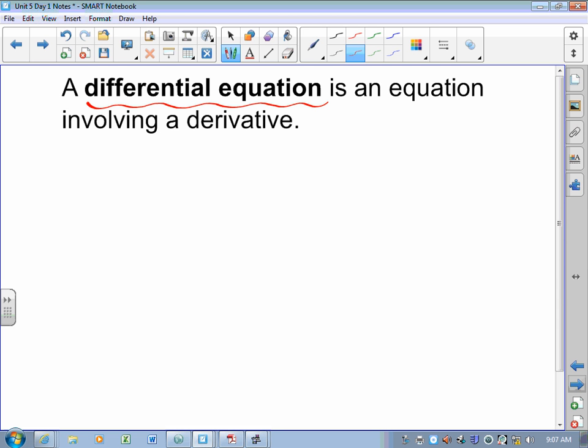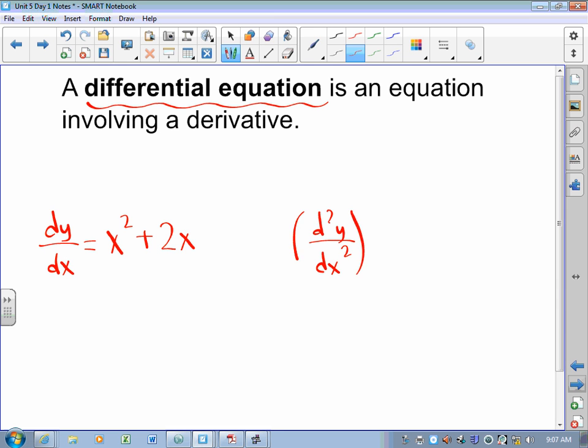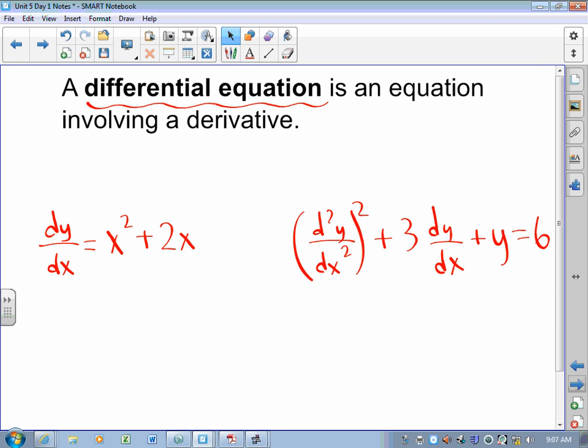So it could be something where the derivative is explicitly stated, or it could be something where the derivative is a part of the equation, but it's not explicitly solved for, nor would it be easy to do so.